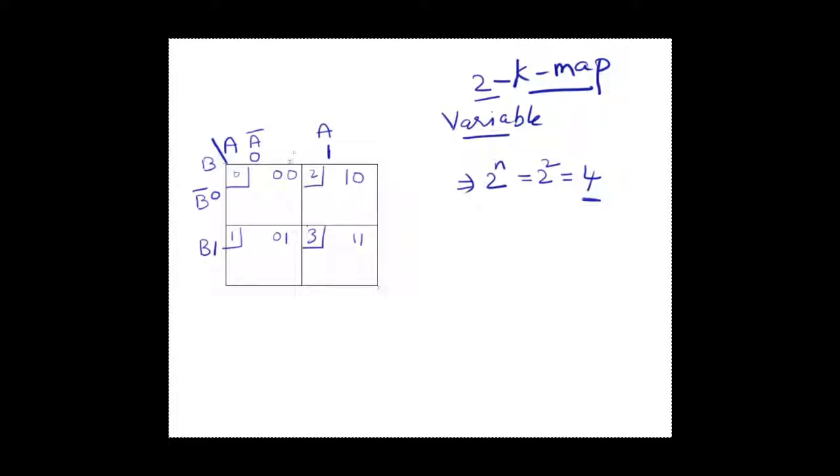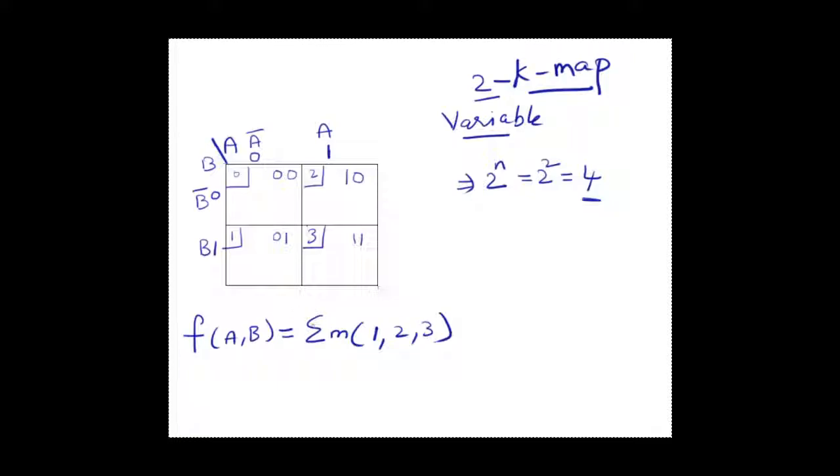Now we'll just see a small example on this. The question can be asked: function of 2 variables, that is F of A comma B is equal to summation of small m 1 comma 2 comma 3. I just need to find the solution for this.